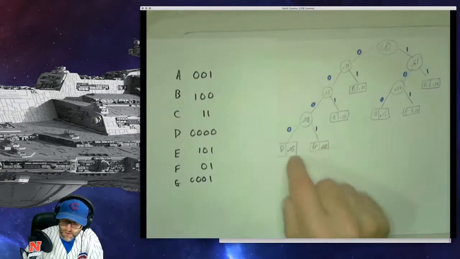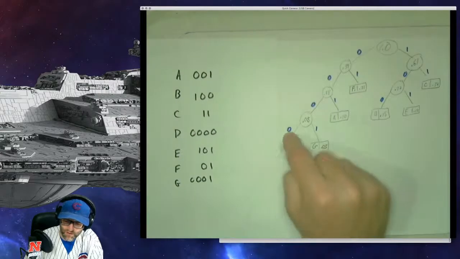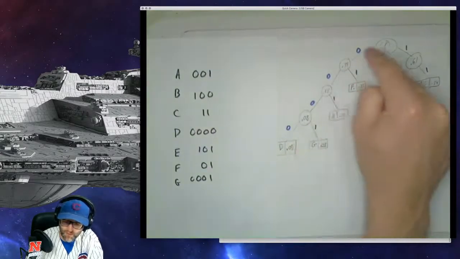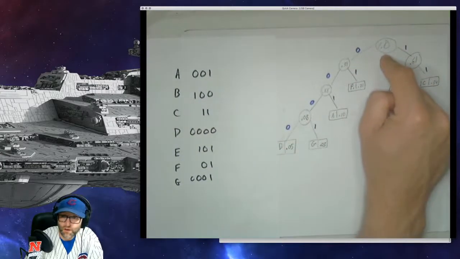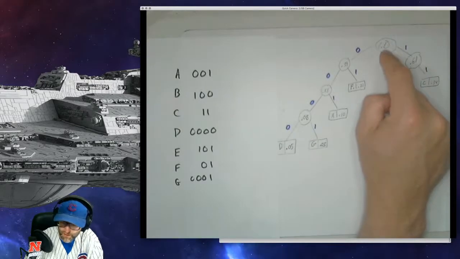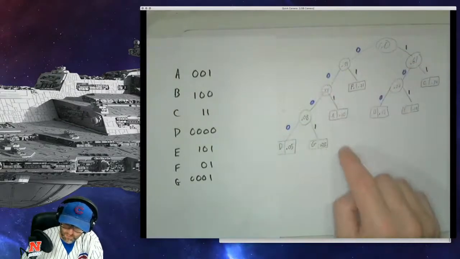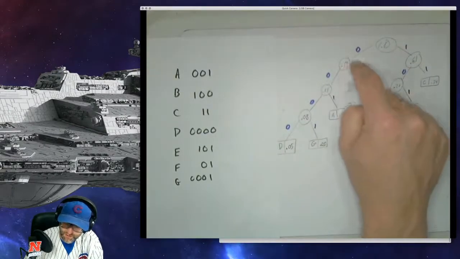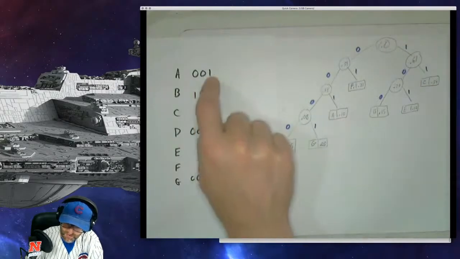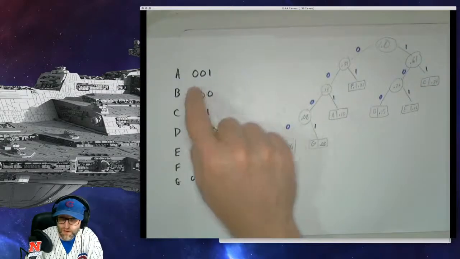Otherwise, you could also start at the bottom and go to the parent, go to the parent, go to the parent until you hit the root here, and then you're doing the code word in reverse. So it's going to be 1 0 0. You'd have to build it from the right to the left.